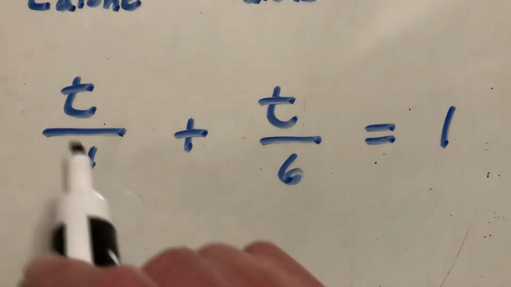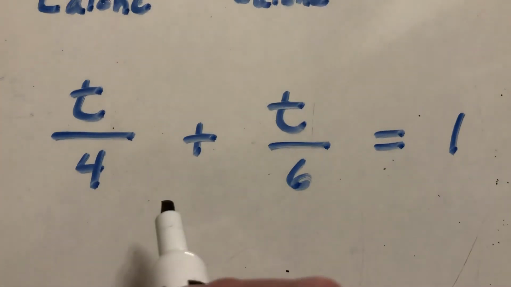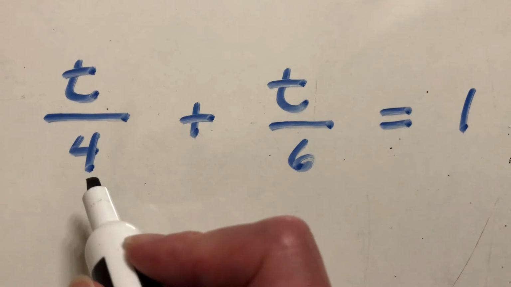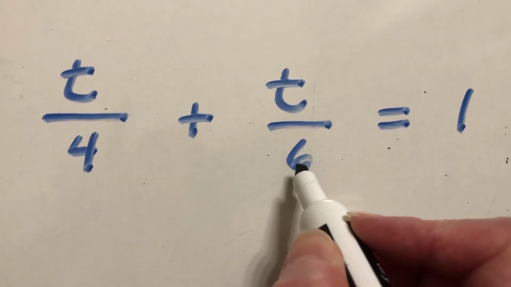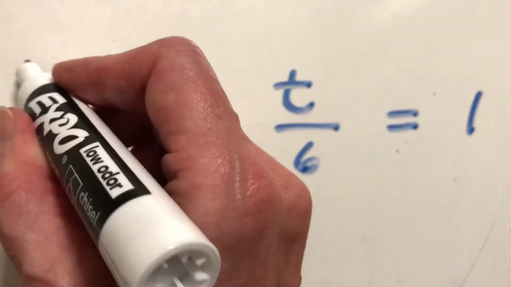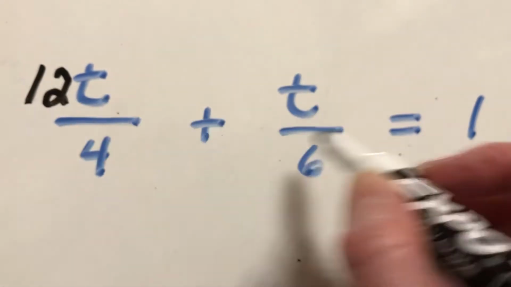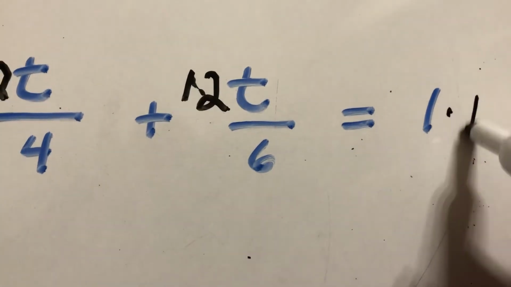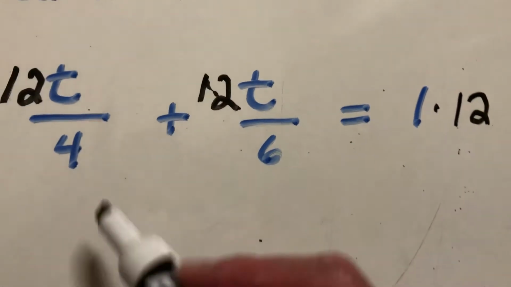So to figure out the answer to this equation, we're going to clear the fraction. The least common denominator between 4 and 6 is 12. So I'm going to multiply everything by 12. And what that will do is clear the fraction.